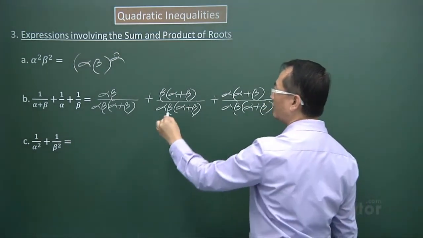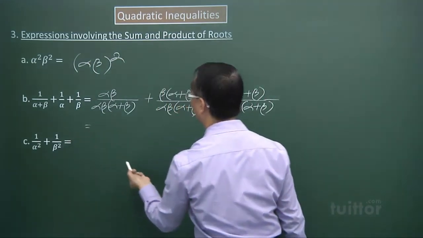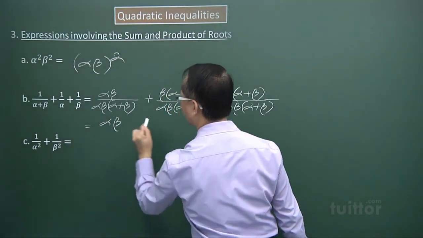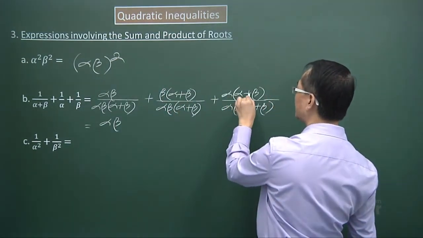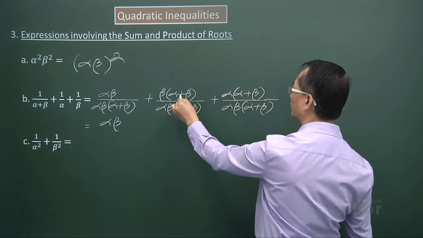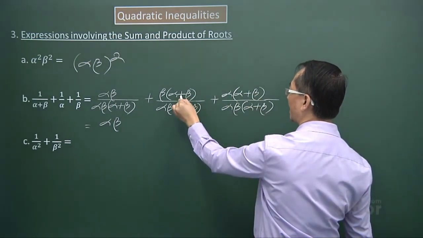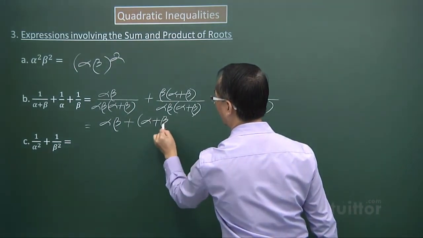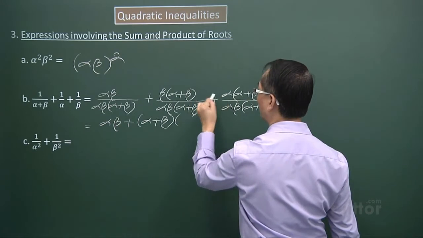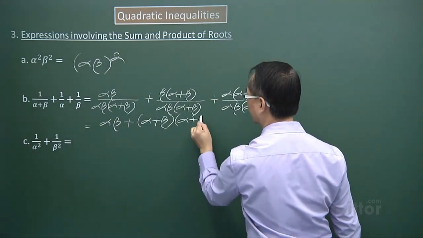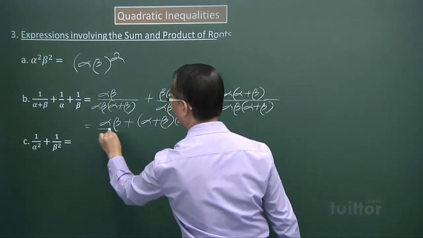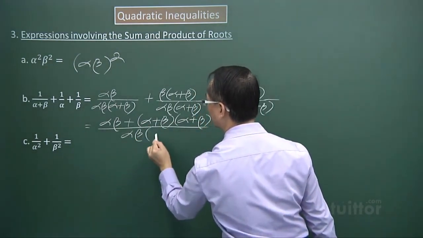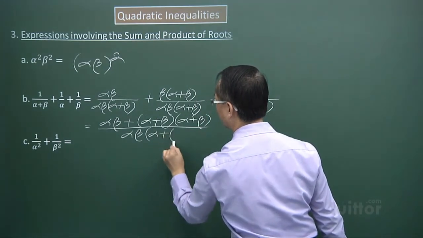So the three fractions can now be grouped together. First of all, I have alpha times beta. And since I have these two factors the same, I will take that as the common factor, leaving me with alpha plus beta over alpha times beta times alpha plus beta.